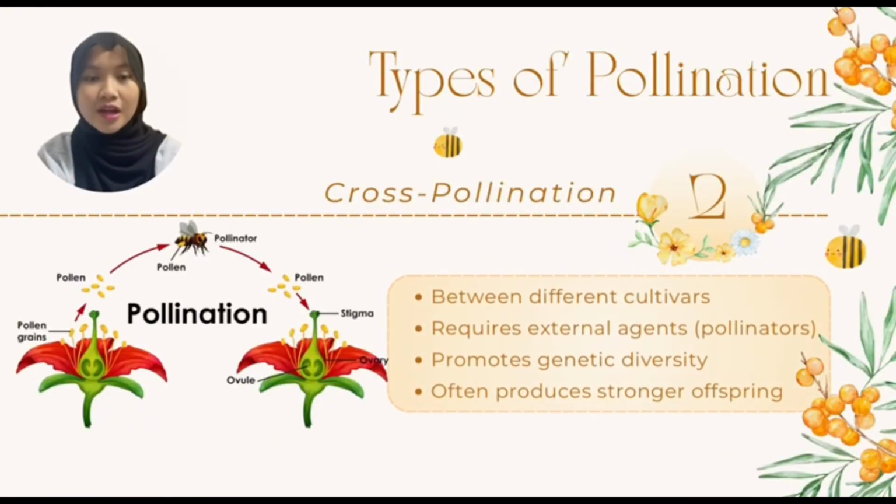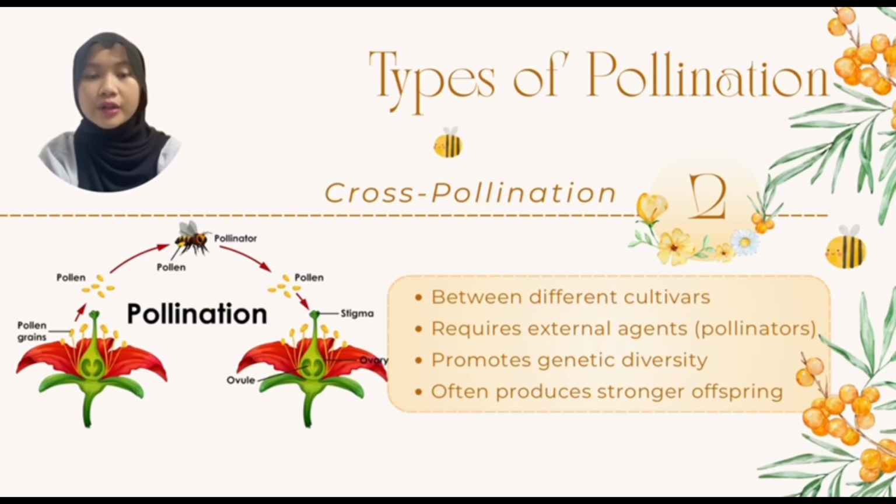Cross-pollination occurs when pollen is transferred between flowers of different plants, often between different cultivars of the same species. This process requires external agents such as insects, wind, or water. Secondly, it promotes greater genetic diversity.